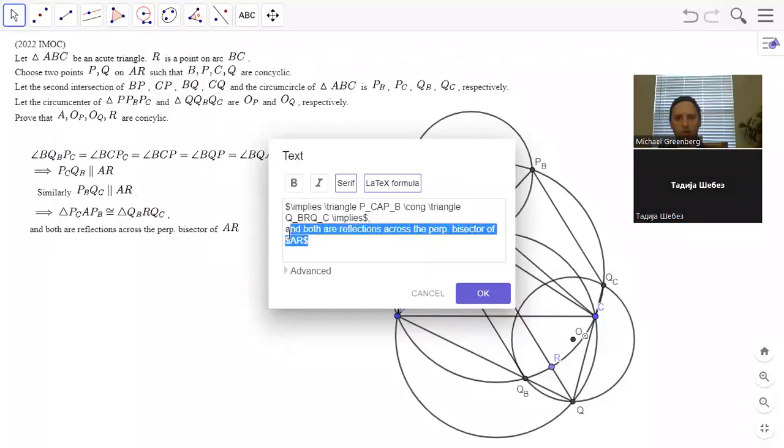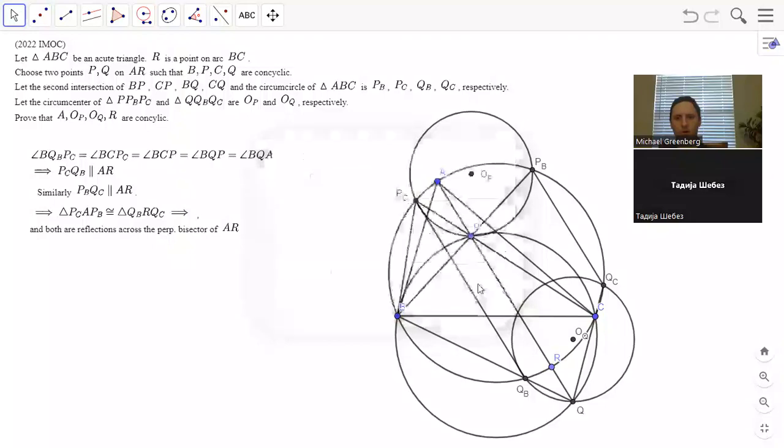Okay. PBPC equals QC. So yeah, I know that those segments are reflections across the perpendicular bisector. Then I need to show that those circles are symmetric across the perpendicular bisector.